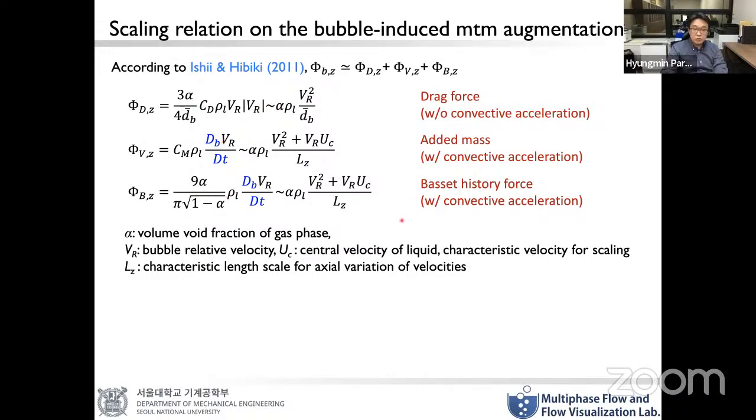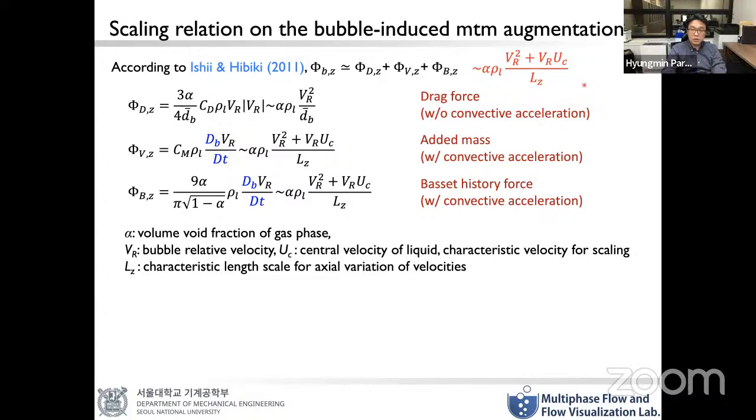As a result, we found that the interfacial momentum transfer scales with this term, where alpha is the void fraction, Lg is some characteristic length scale of the bubble plume, Vr is the relative bubble velocity, and Uc is the characteristic velocity of the liquid phase, for which we use the centerline velocity of the bubble plume.